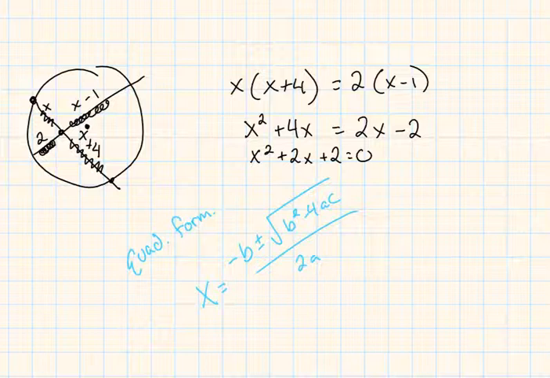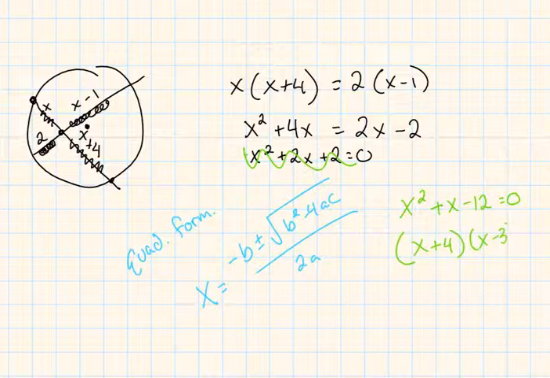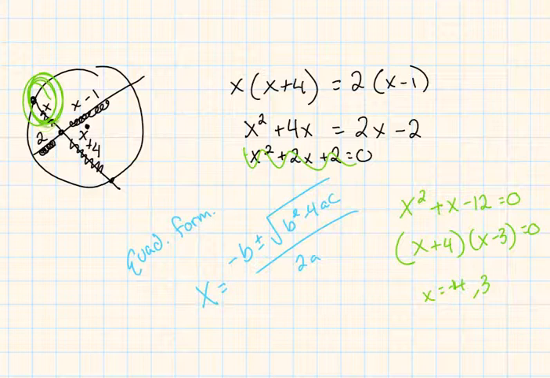If, for example, our equation was actually different, say x squared plus x minus 12 equals 0, that would factor easily into x plus 4 times x minus 3. Therefore x would equal negative 4 or 3, and we'd have to verify that negative 4 wouldn't work because here we can't have a negative value for a length. So that means x equals 3 is our winner.